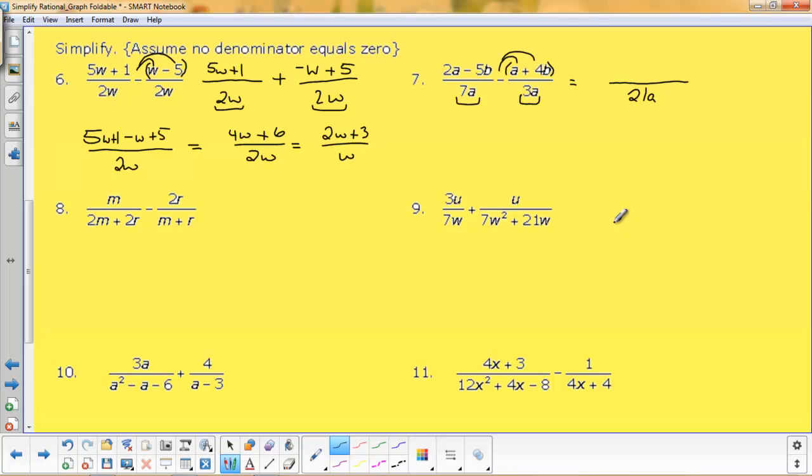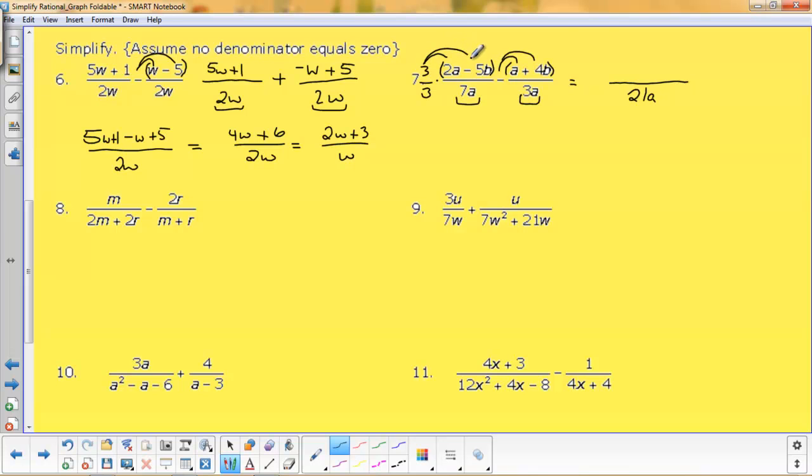Now, in order for me to make these fractions reflect this common denominator, I need to multiply the first fraction by the value which is missing from the common denominator. In this case, it's a 3. Because in order for me to turn 7a into 21a, I need to multiply 7 times 3. Whatever I do to the bottom, I must likewise do to the top.